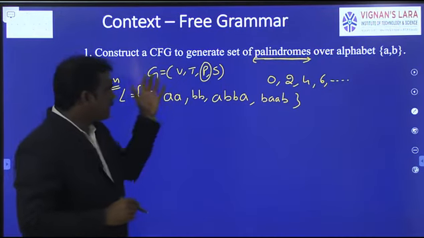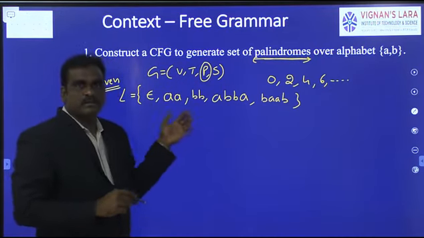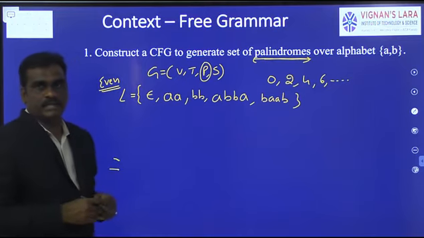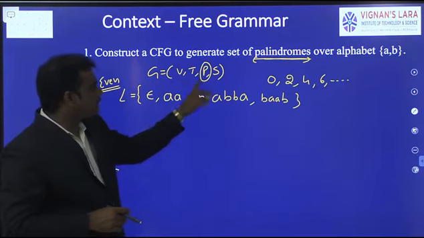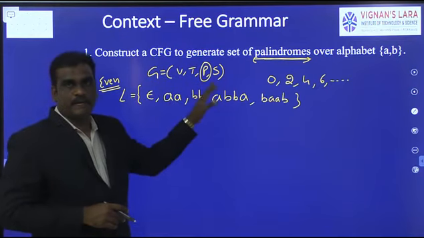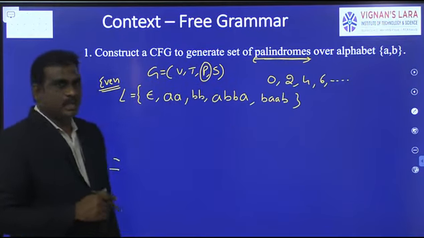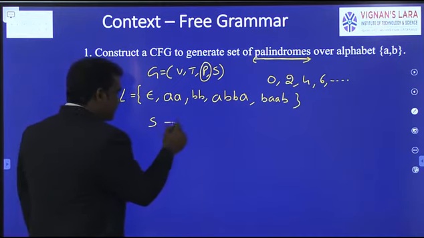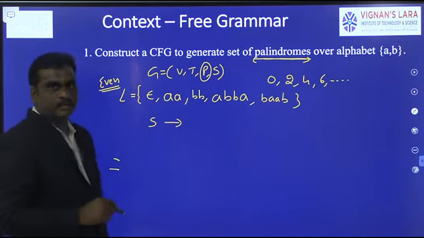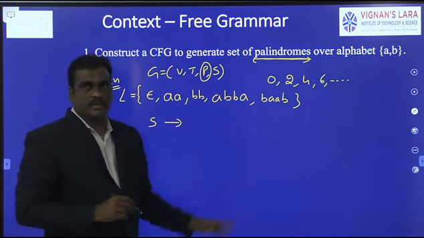Now, by using these strings, we have to define the context-free grammar. Context-free grammar means we are mainly focusing on the P. P means the set of productions. Take S as the starting symbol of the grammar. So S derives, now write the right hand side of the productions.